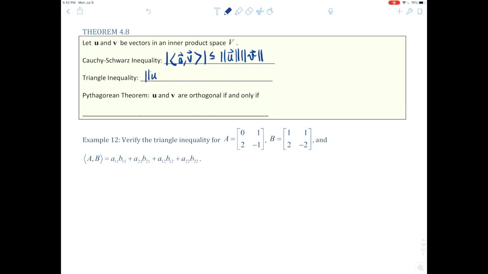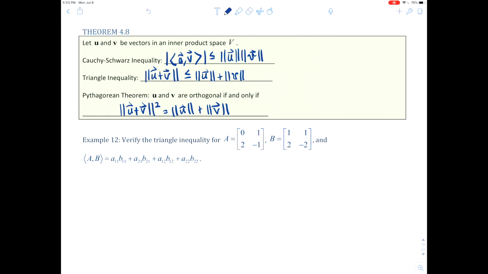The magnitude of U plus V is going to be less than or equal to the magnitude of U plus the magnitude of V. And the Pythagorean theorem, U and V are orthogonal if and only if the magnitude of U plus V squared equals the magnitude of U plus the magnitude of V.